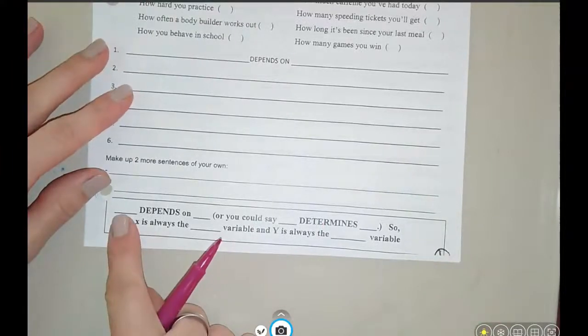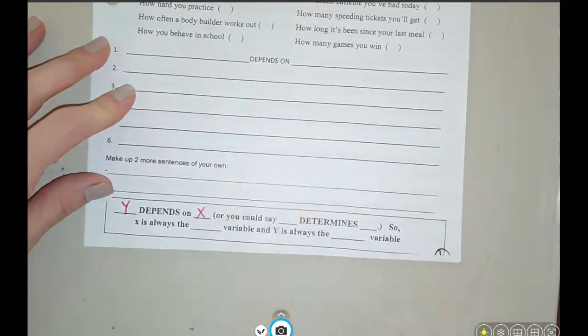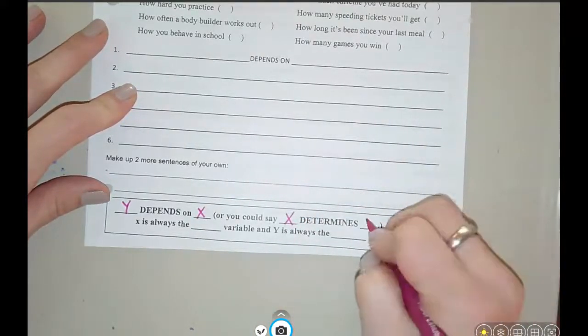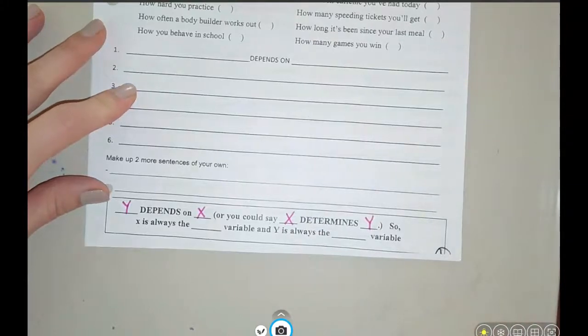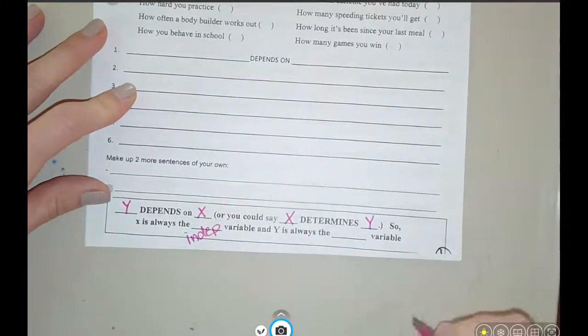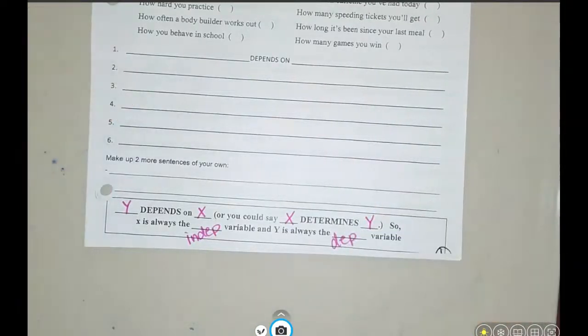All right, at the bottom of page 1, we have down here, Y always depends on X. Or you could flip it around and say X determines what happens to Y. Okay? X is always the independent variable. Y is always the dependent variable. All right?